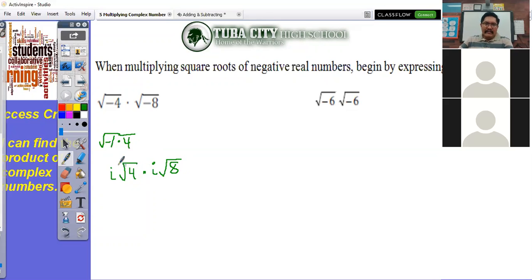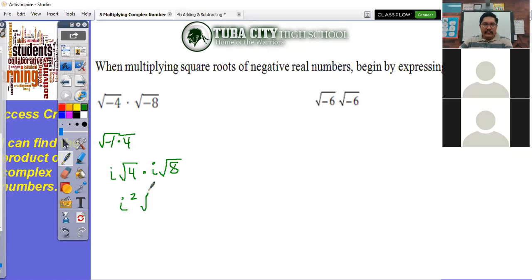Now, when we multiply them together, remember, just like the other time, this is all one term. So when we multiply these, we have to multiply outside number to outside number and radical to radical. So i times i will be i squared.